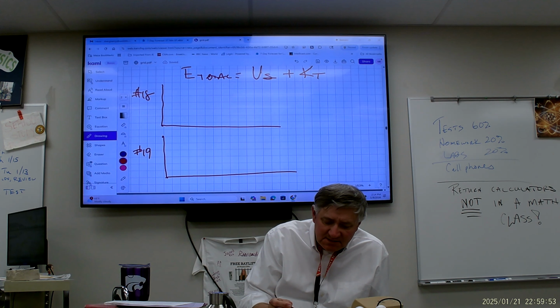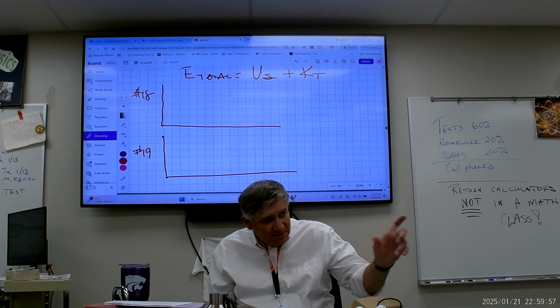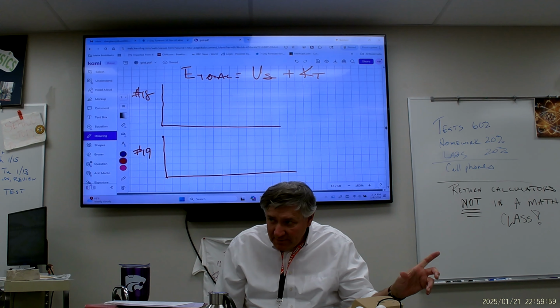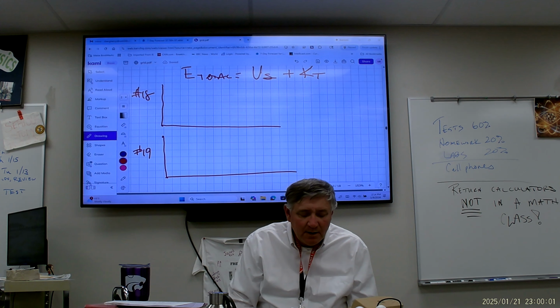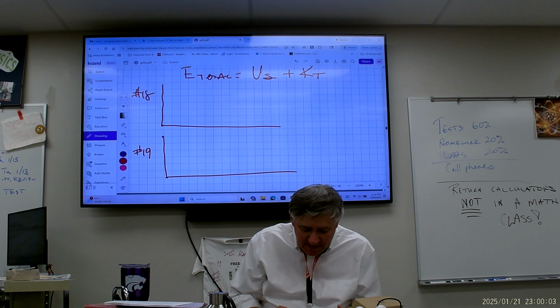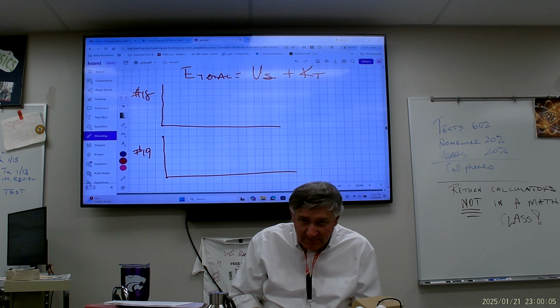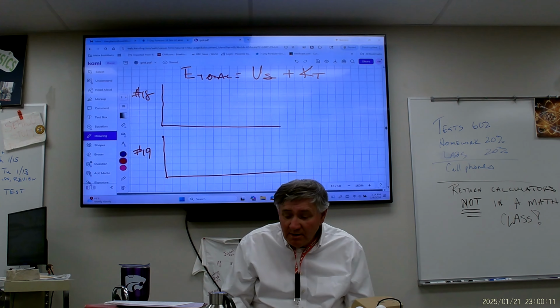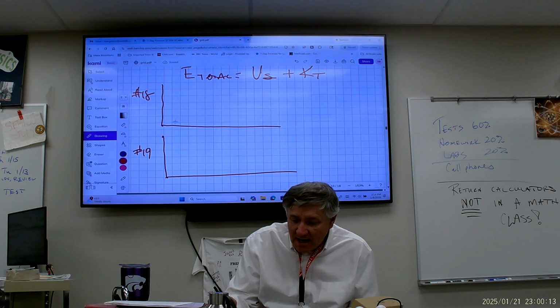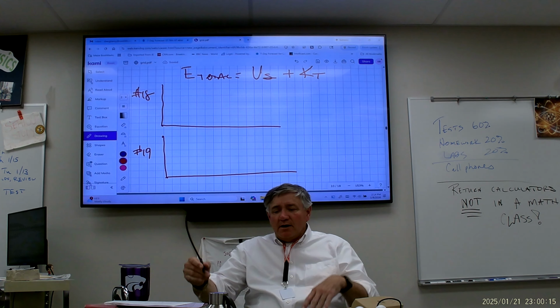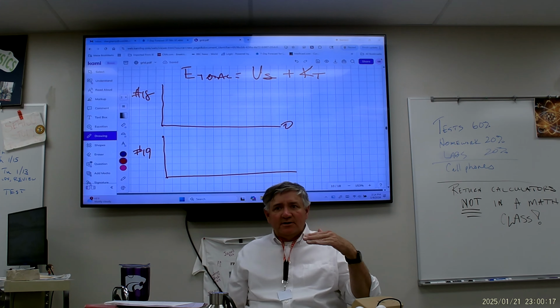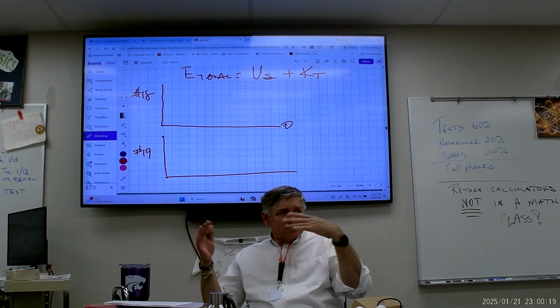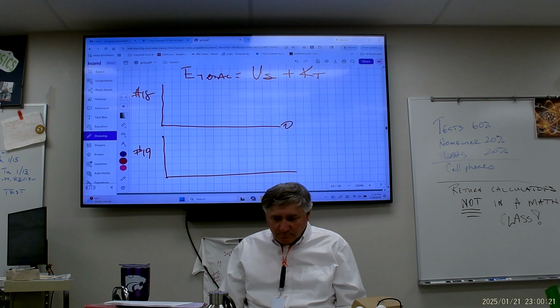So imagine that we're just going to keep track of the kinetic energy. First off, is my kinetic energy ever going to go negative? Oh, no. Why not? Because velocity is squared. So on this graph, I don't have to worry about going into negative energy because it's 1/2 mv squared.